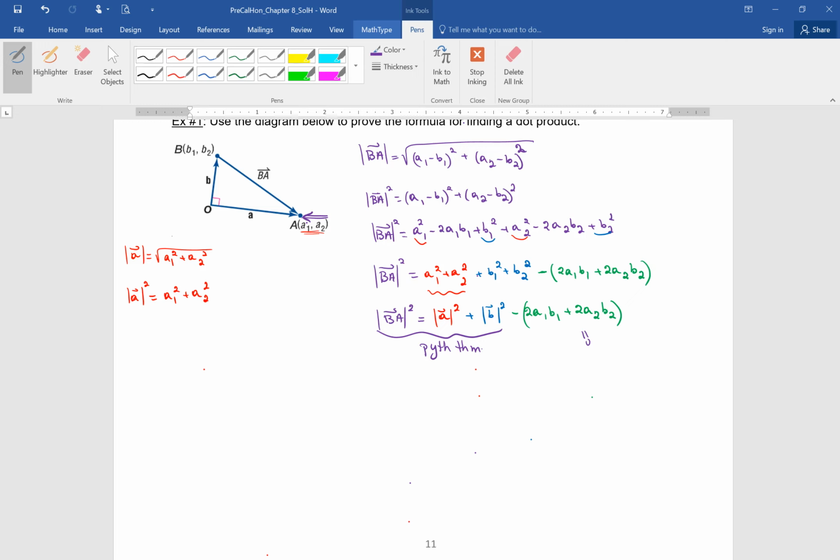None. None of it. So if these really were perpendicular, there is no shadow. That means this would be 0. So the Pythagorean theorem holds for the right triangle. Okay? The rest of it is the part for the shadow.